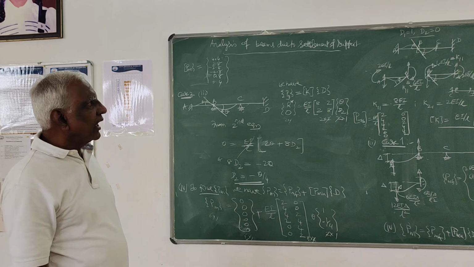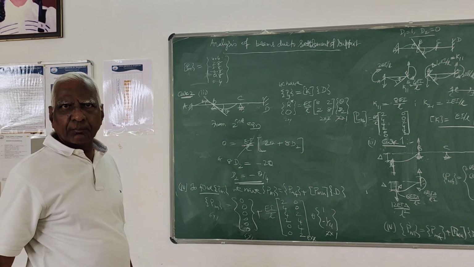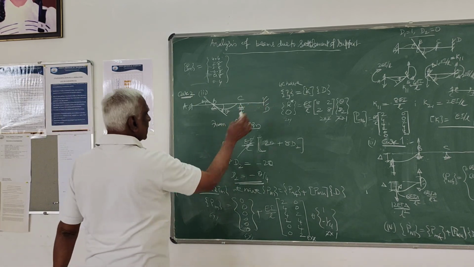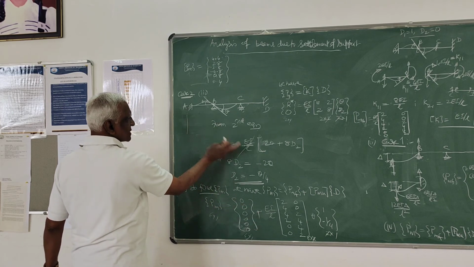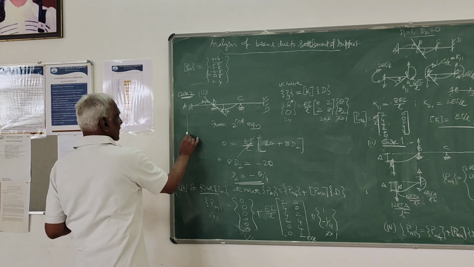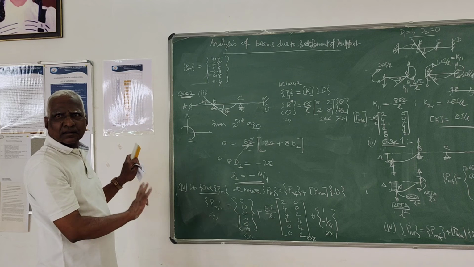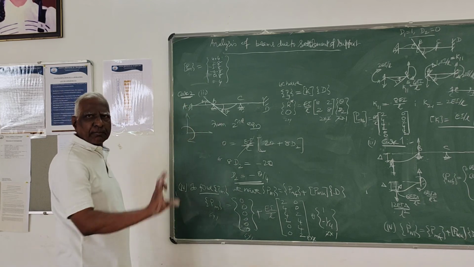So with this, we have completed all beam and truss rigid frame type of problems. This is by system approach, as I told you, because in the analysis of displacement and member end forces, both D and PM, we are determining with respect to system coordinates only, not with local or member coordinates. So this is called system approach.